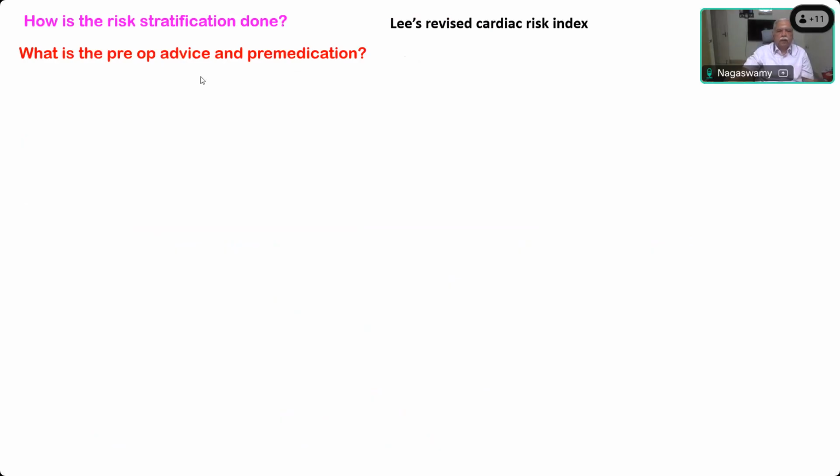So what are the other advices you have to give? Supposing she has been prescribed some medications for this ischemic heart disease, what are all the drugs that she should continue? What drugs she can stop on the day of surgery? That is a very important pre-op advice always. And next thing you will advise is about the NPO guidelines.